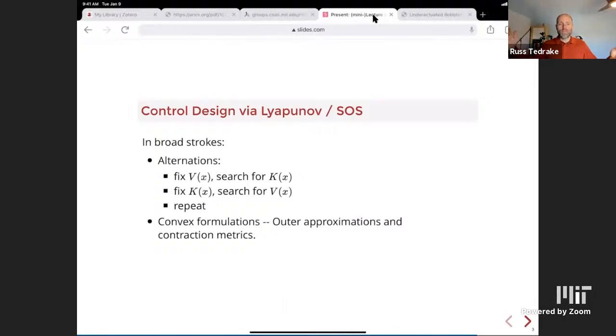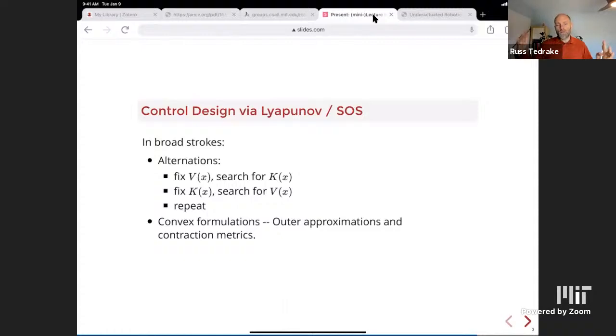It could be that you've said something's inside this region, and it's actually not part of the region of attraction. But it's a better formulation for searching for controllers. And then you can put them together. You can use the outer approximation to find the controller and then the inner approximation to certify it. That's a good way to do it.